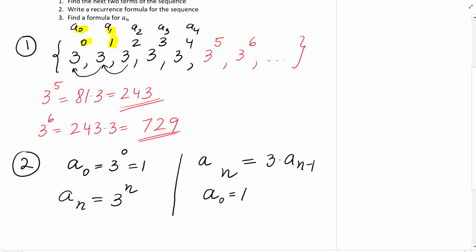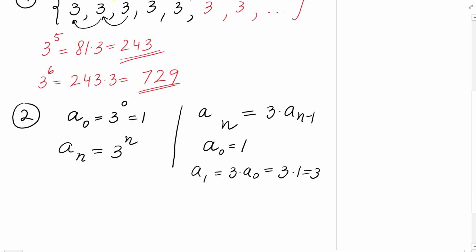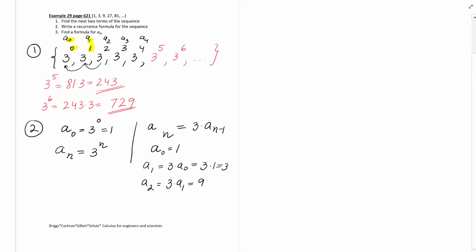So if I want to find a sub 1, it would be 3 times a sub 0, which is 3 times 1, which is 3. A sub 2 is going to be 3 times a sub 1, so it's going to be 9, which we have. So basically, this piece here would be the third part, and this would be the second part.